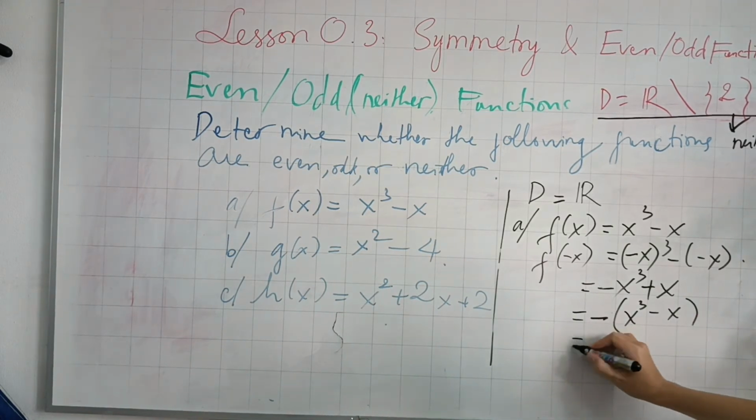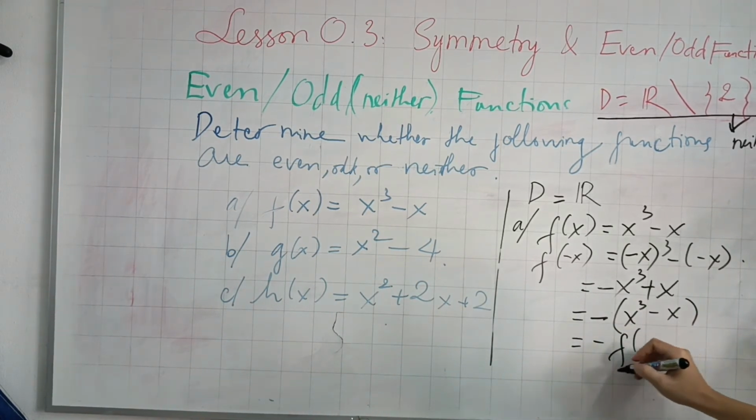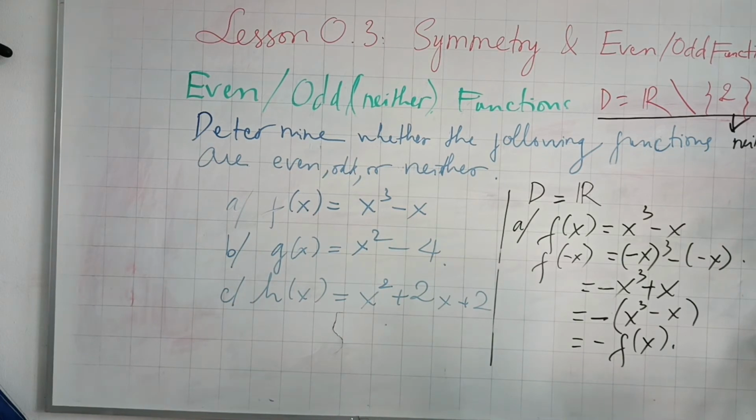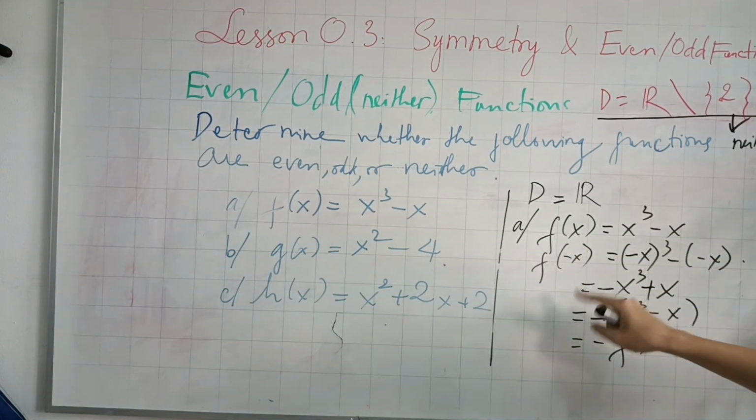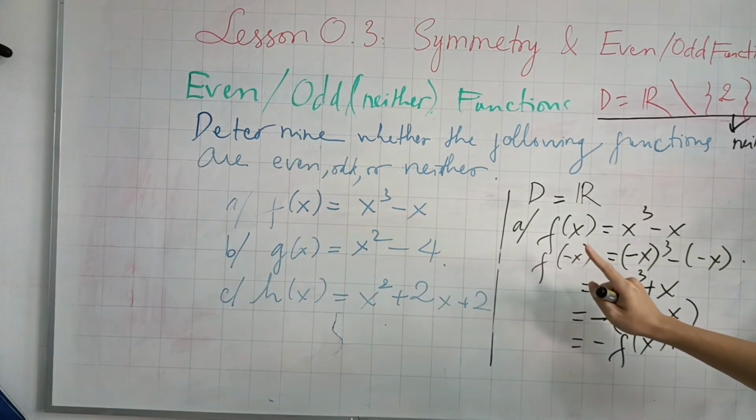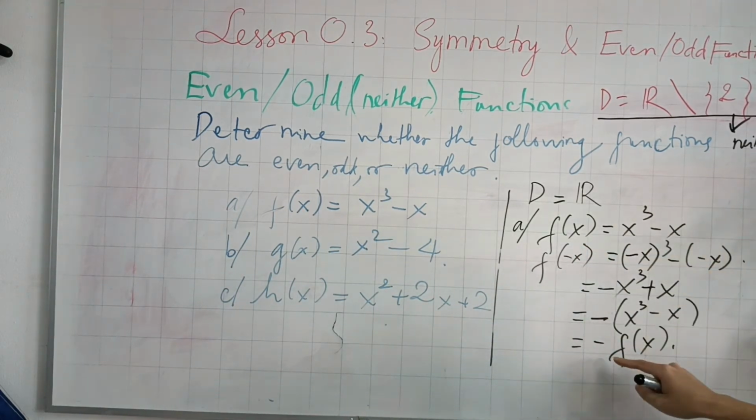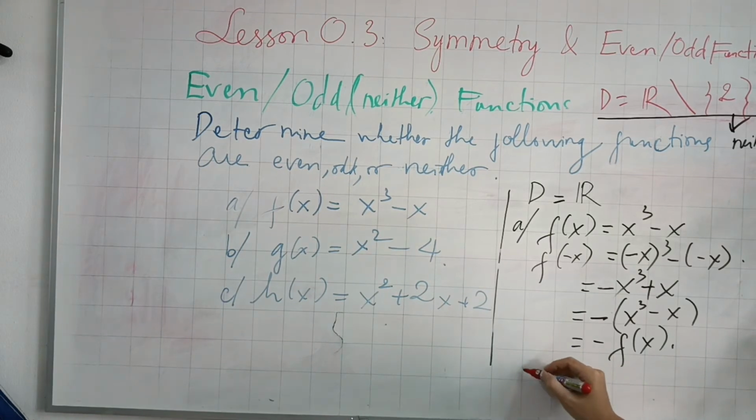So it is negative f(x). So when you replace with negative x, you have a negative f(x). So you conclude that it is even function. It is odd function, sorry.